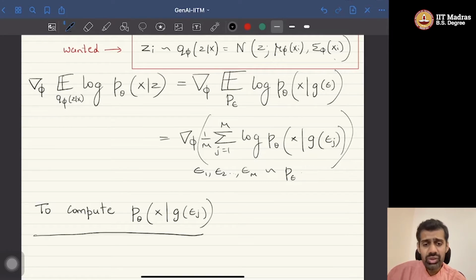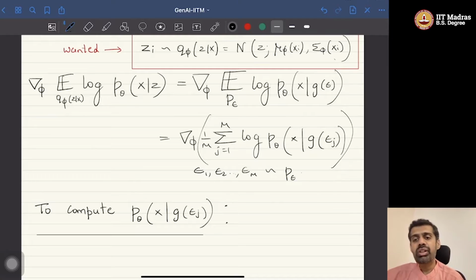All this might look complicated, but if you go through it carefully, it is simple math and a little bit of algebra to ensure that the computation that we are doing becomes feasible. It's not at all complicated. So how do we compute this?